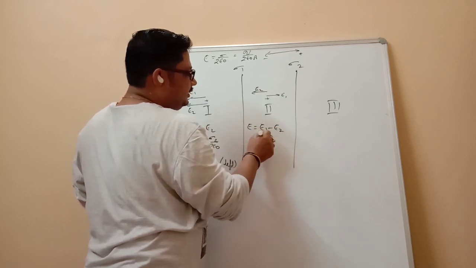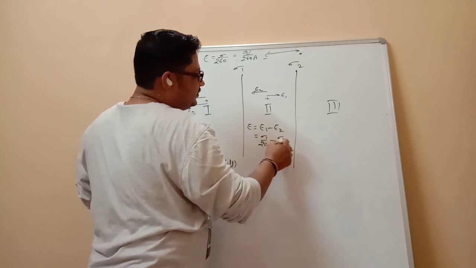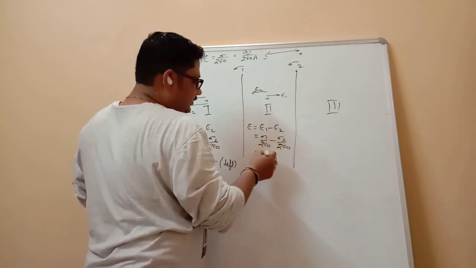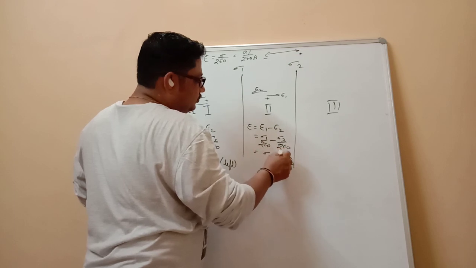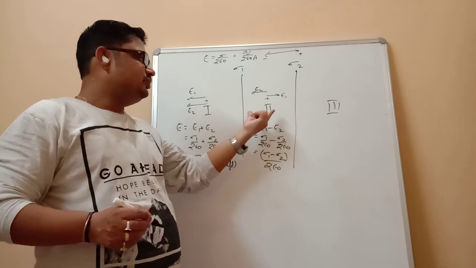E1 is sigma 1 upon 2 epsilon naught minus E2, which is sigma 2 upon 2 epsilon naught. So sigma 1 minus sigma 2 upon 2 epsilon naught will be the net electric field in region 2.